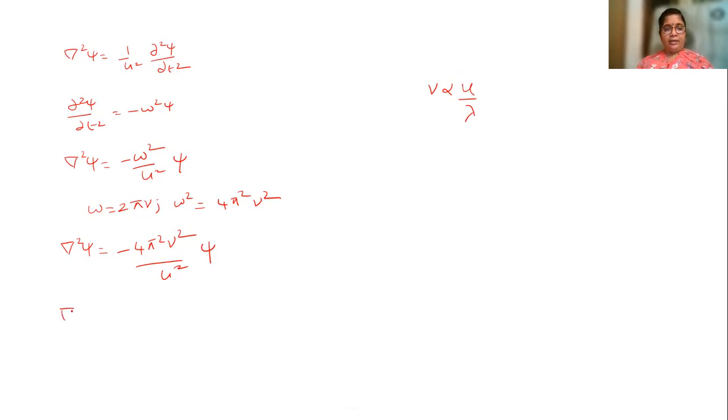So you can write del square psi is equal to minus 4 pi square by u square, and nu square will be u square by lambda square, into psi. So u square will get cancelled. So you have del square psi is equal to minus 4 pi square by lambda square into psi.